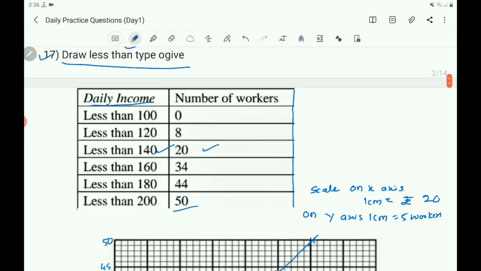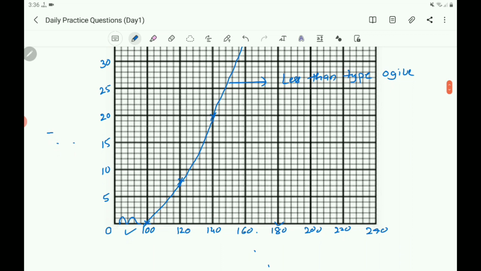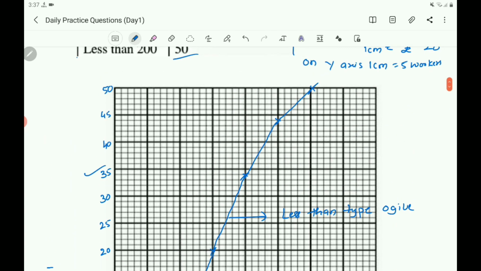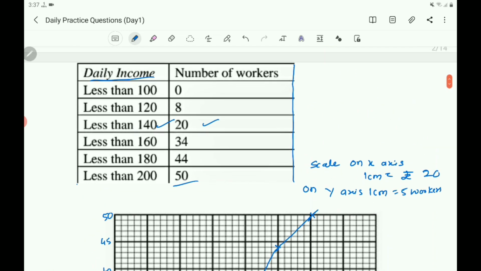Here the daily income versus number of workers is drawn, taking the upper limit on the x-axis, that is the daily wages on the x-axis and number of workers on the y-axis. That is the less than type ogive. Here once again it is clear that there is no need of adding the frequencies. It is already added. Cumulative frequency is given as there is the word less than.